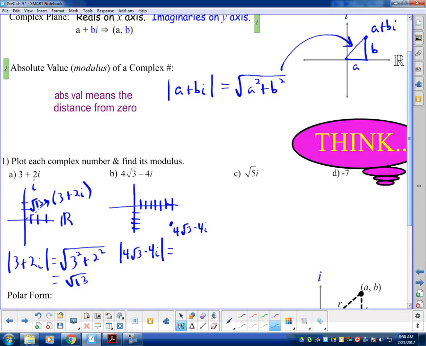There's a picture of approximately where it would be in the fourth quadrant there. What do you get for the modulus?